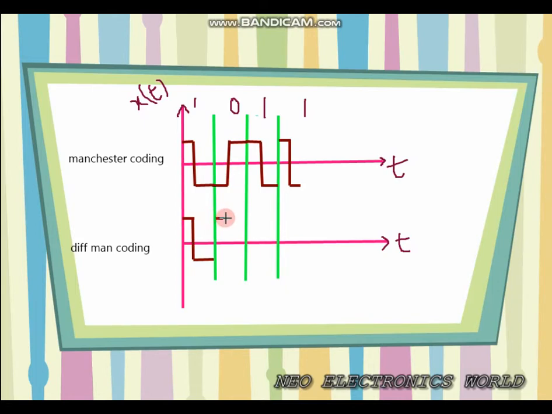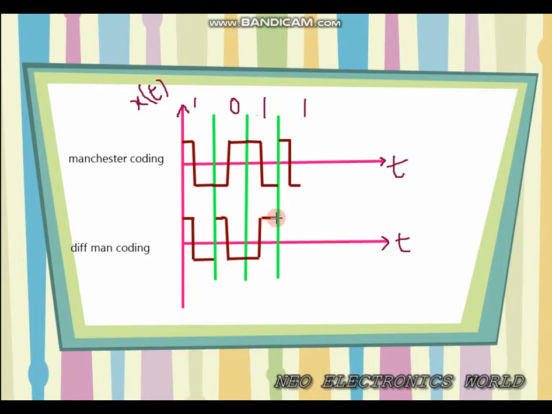This 0 will be denoted like here. This will be 0, and again we have 1. What will we do? We'll continue from the previous state.